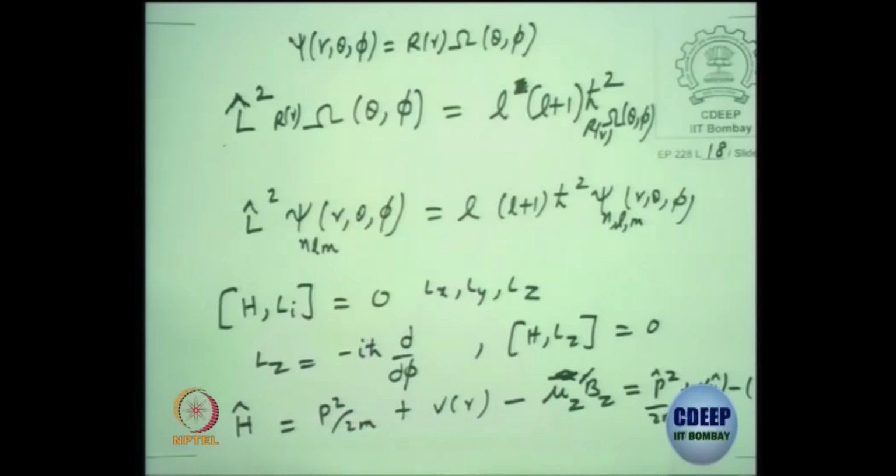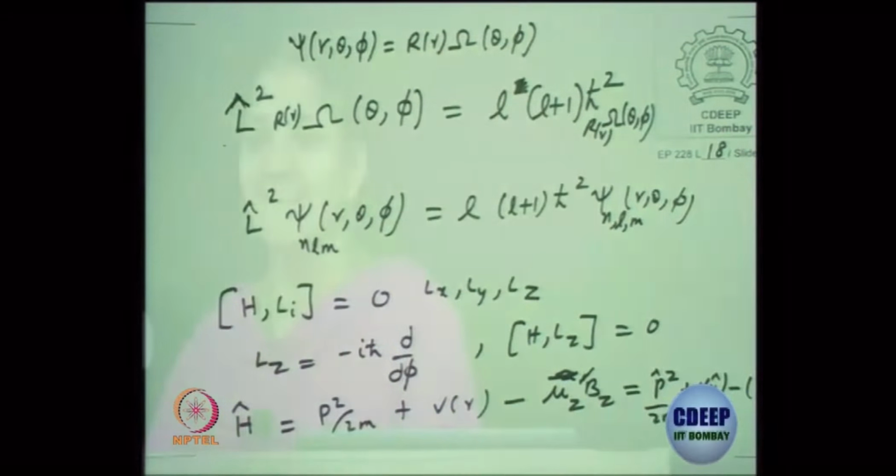But the new Hamiltonian still commutes with Lz. Is that obvious from here? Adding a term proportional to Lz, if I take the commutator with Lz, this term anyway commutes and this will also commute, trivial. So it is a simultaneous eigenstate of Lz and the Hamiltonian.